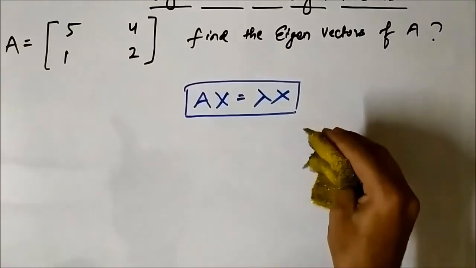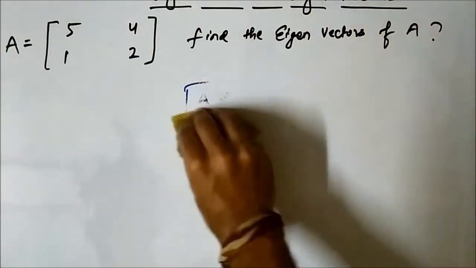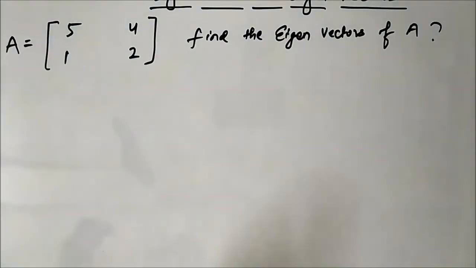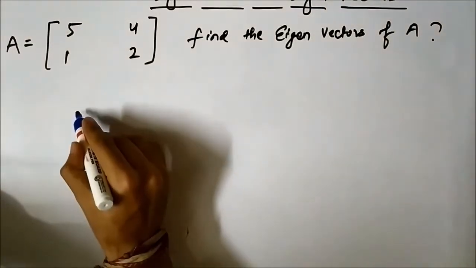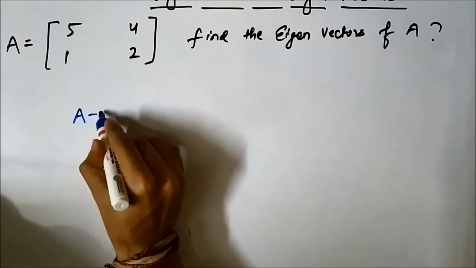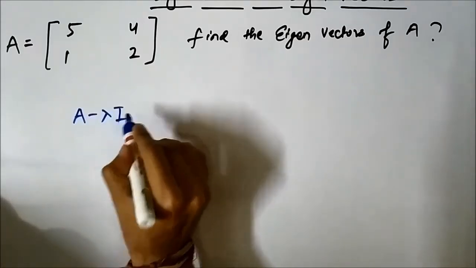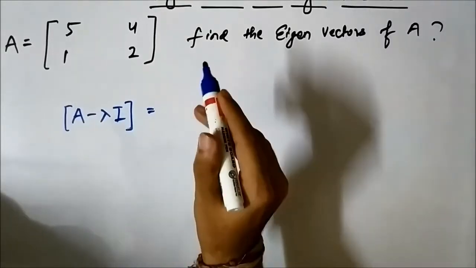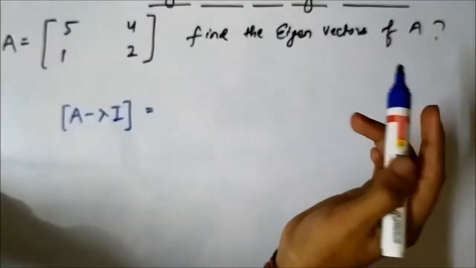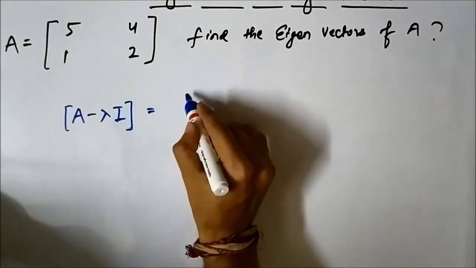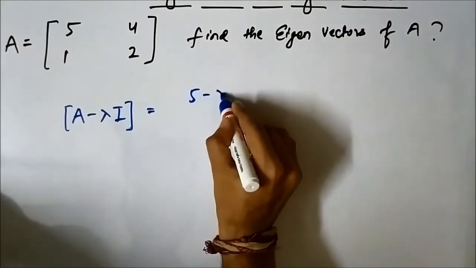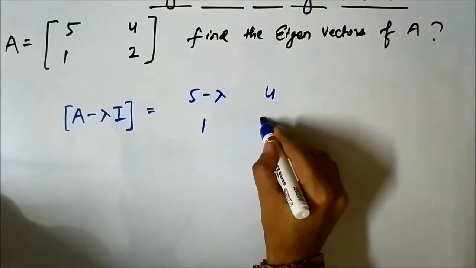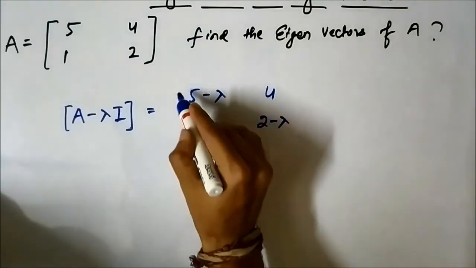For that, first we have to determine the eigenvalues of this matrix. So for that, we have to form this matrix first. As I have already done in the eigenvalues video, it will be 5 minus lambda, 4, 1, 2 minus lambda.